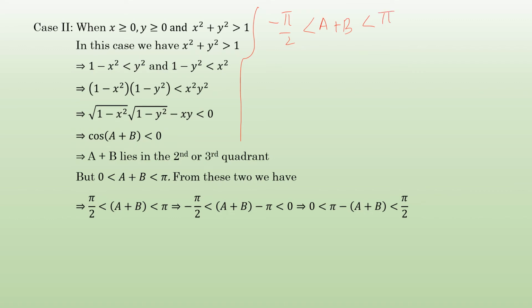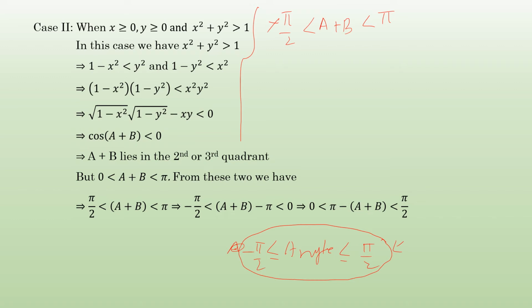Okay, after that I already told you that the angle should lie between minus pi by 2 up to pi by 2, because this is the principal branch of the sine inverse function. In case of sine inverse function, the principal branch is from minus pi by 2 up to pi by 2. But here we obtained it is from pi by 2 up to pi.